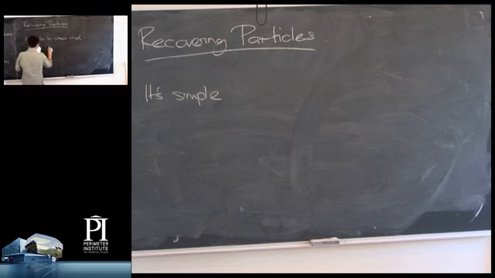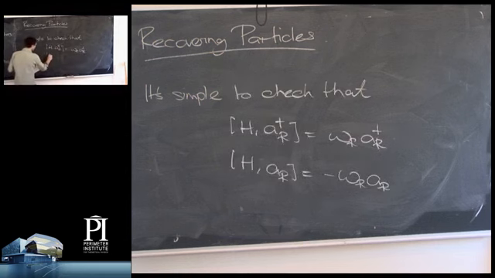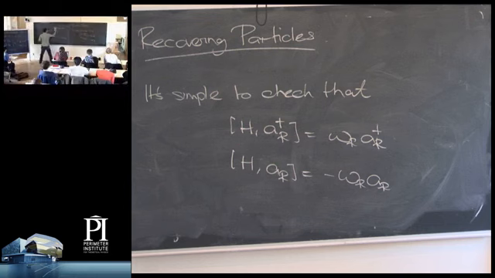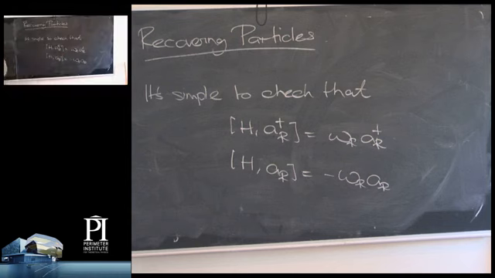We've got an infinite number of raising and lowering operators, and their commutators with H are given by the following, exactly the same as for the harmonic oscillator.